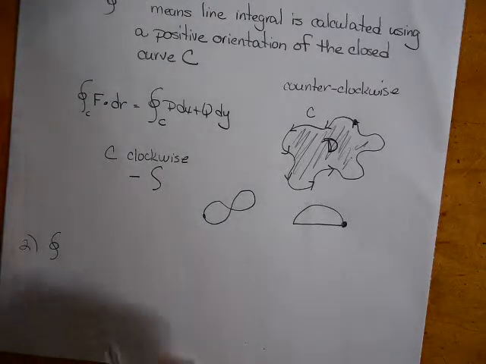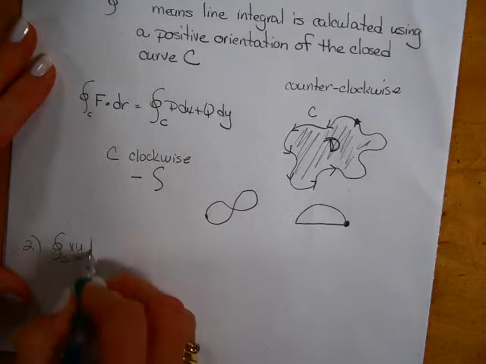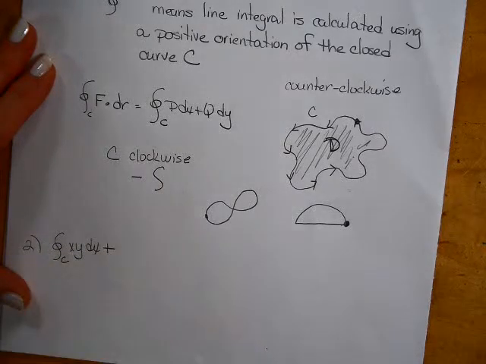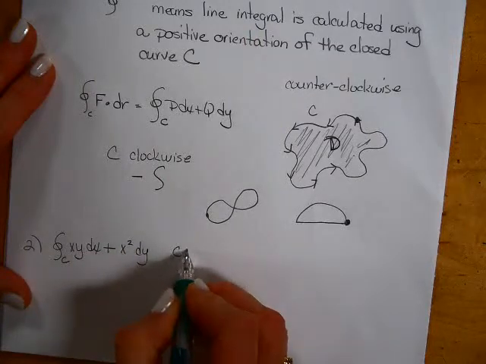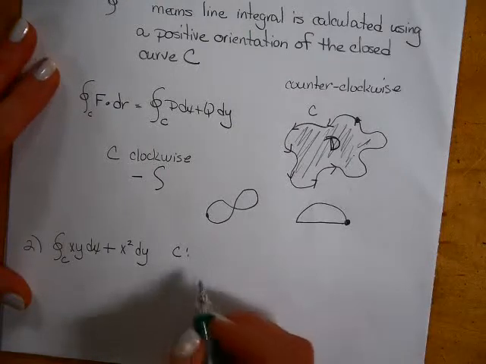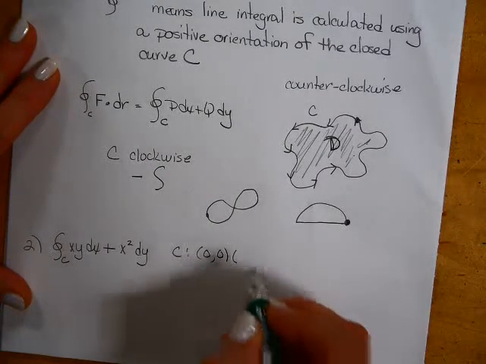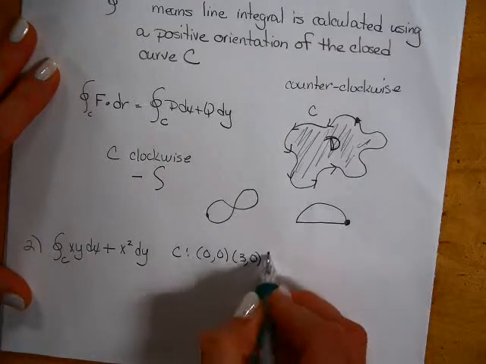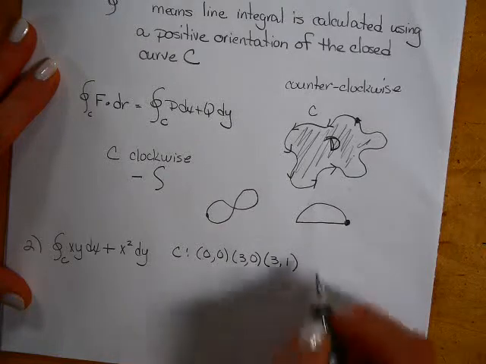All right, line integral of xy dx plus x squared dy, and C is the curve of the rectangle with the vertices (0, 0), (3, 0), (3, 1), and (0, 1).